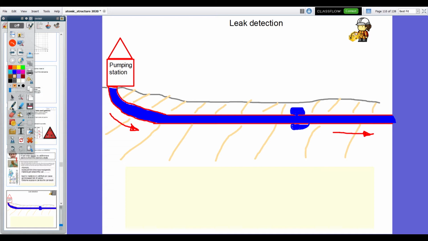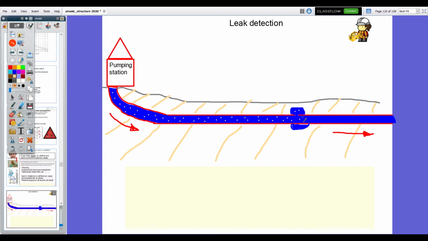If I inject some radioactive isotope into the fuel or the water at the start, that doesn't necessarily mean it has to be super dangerous. It could be quite low levels of radioactive sources, and they could have a short half-life. As I put them in, they will travel along the pipe.